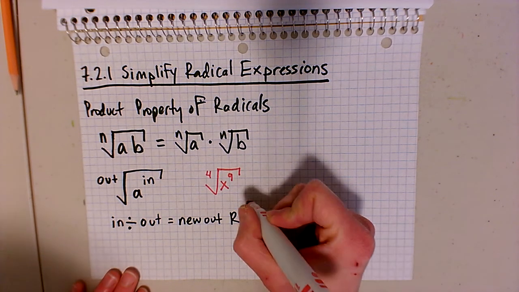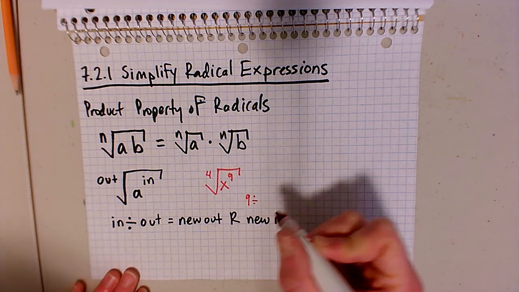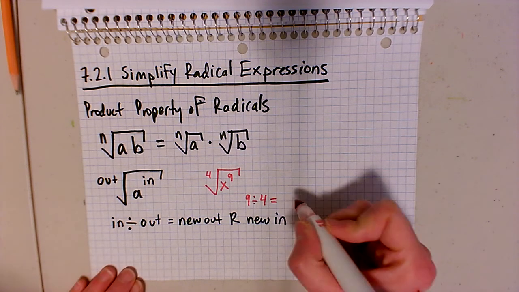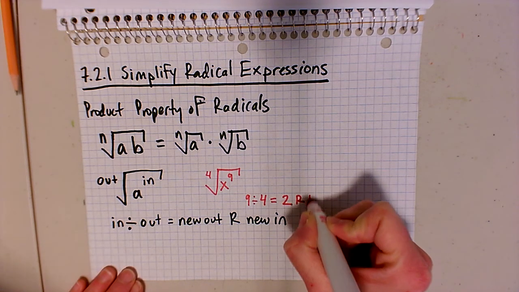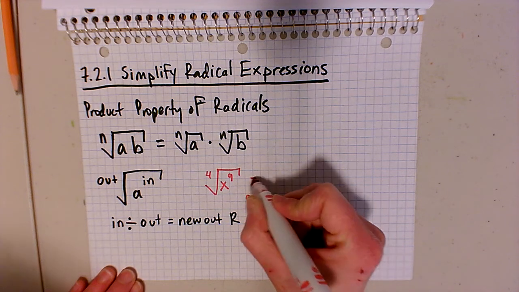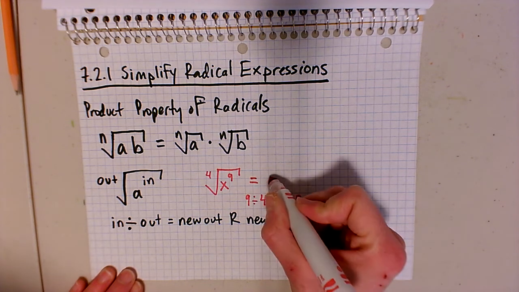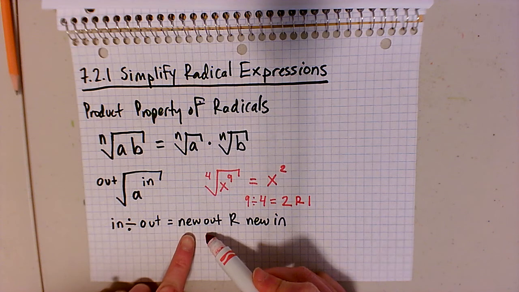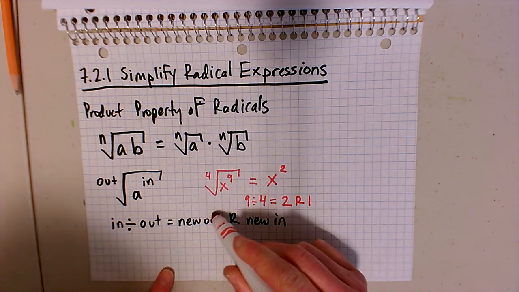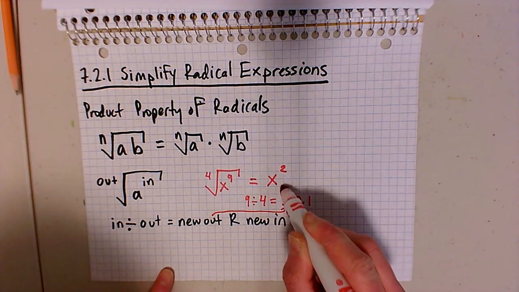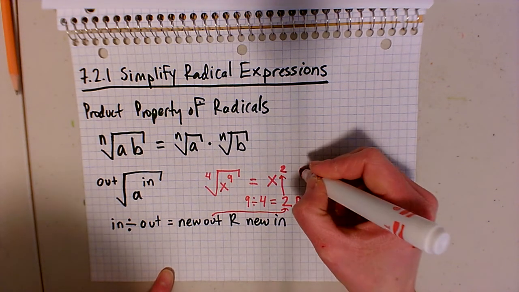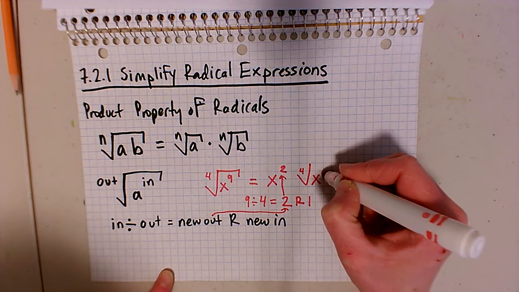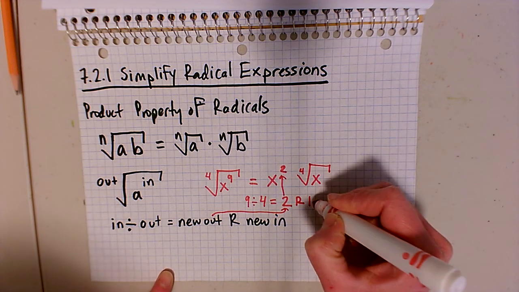So what I have on the inside is 9, and what I have on the outside is 4. And if I do 9 divided by 4, I get 2 remainder 1. So then that means my answer is x squared, because look at that. The first number is your new exponent on the outside, and then times the fourth root of x to the 1. And if your exponent is 1, you don't have to write it.